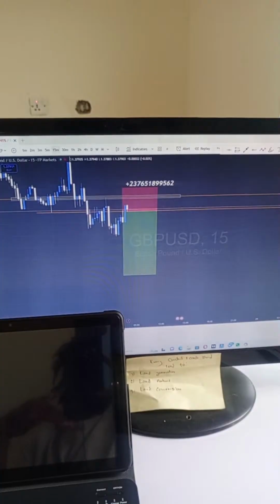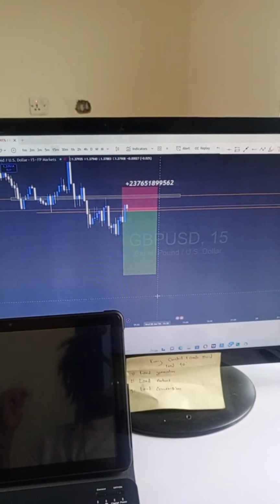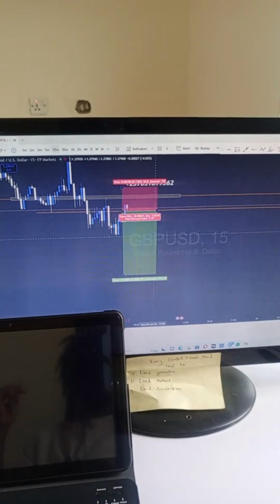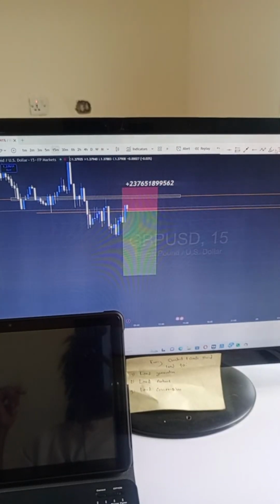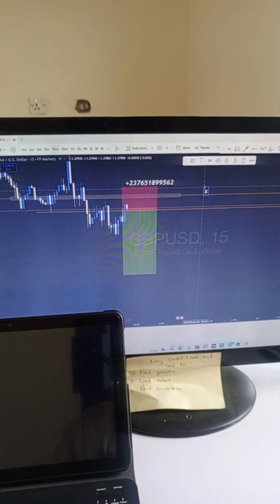All right, as for the TP, you just target 1:3, but the SL is at 1.38073. Let me write it down. SL is 1.38073.